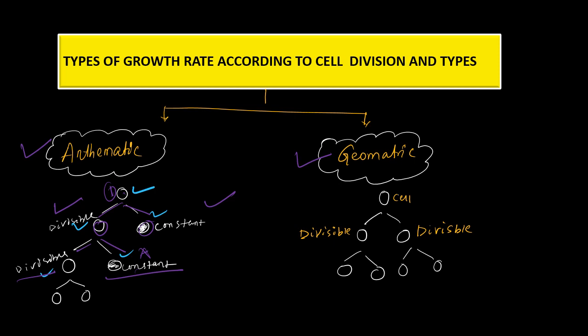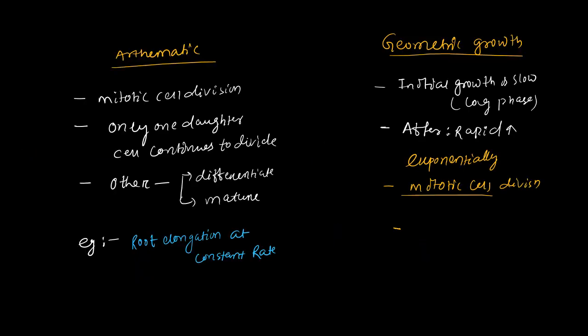And here, geometric growth. So what is geometric growth? In the geometric growth rate, one cell divides into two daughter cells, and both daughter cells further divide. In arithmetic we see one divisible and one constant, but in geometric both are divisible.